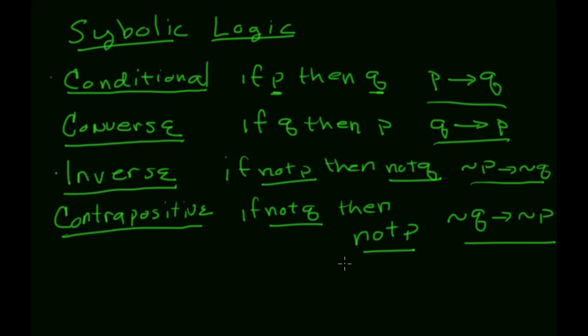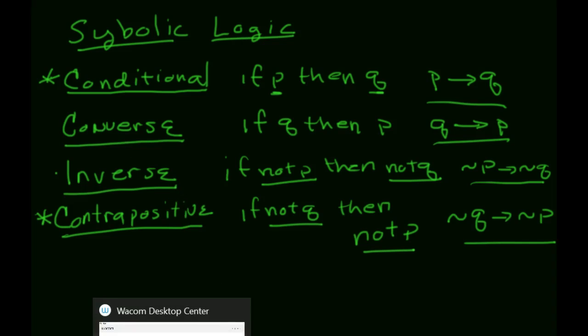Now, here's the interesting piece. The contrapositive and the conditional must have the same truth value. If the contrapositive is true, then the conditional is true. And if the conditional is true, then the contrapositive is true. If one's false, the other one's false. So they have to have the same truth value.